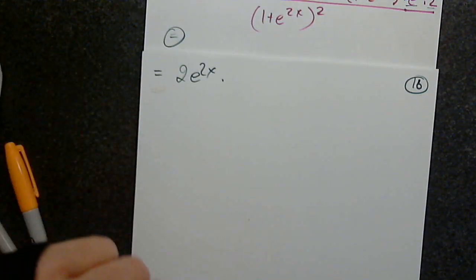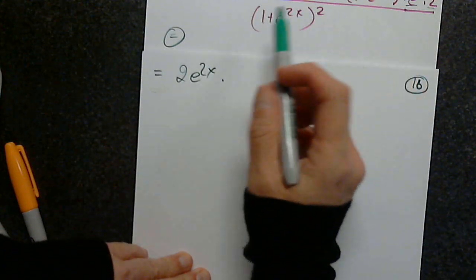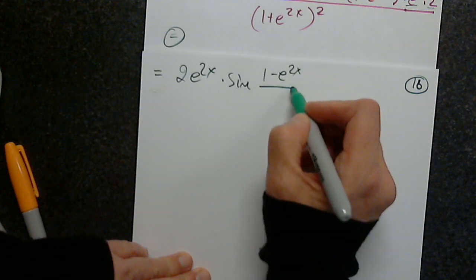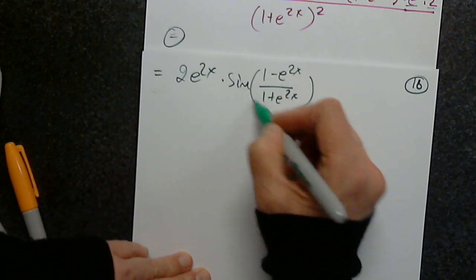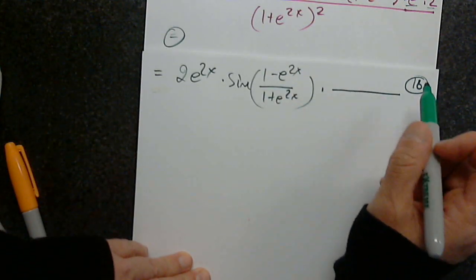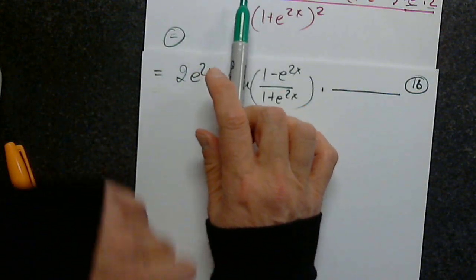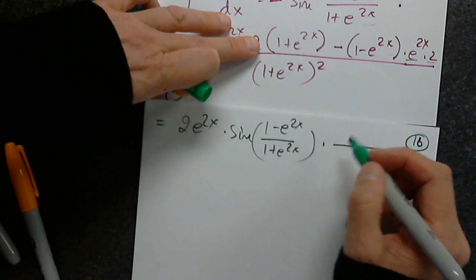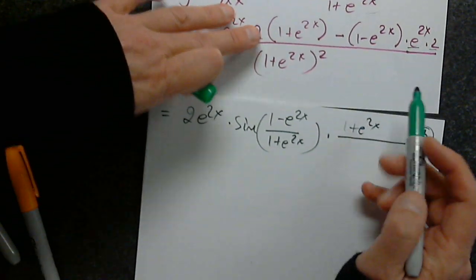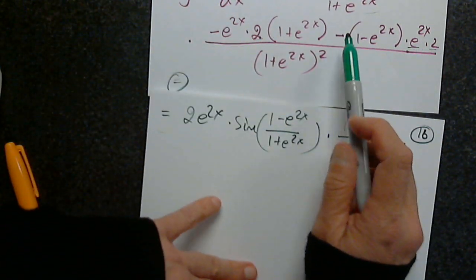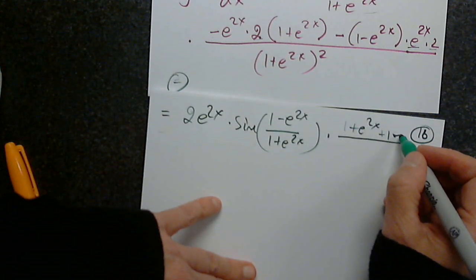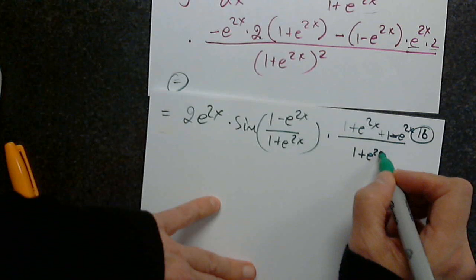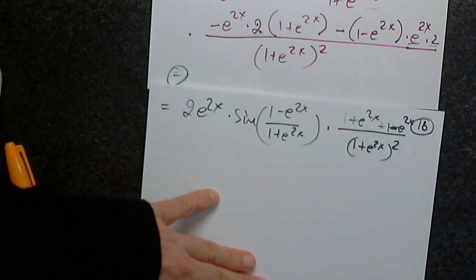Okay. So 2 e to 2x sine of 1 minus e to 2x over 1 plus e to 2x times, so this is out, these two are out, so I have 1 plus e to 2x. These are out, and the minus is out, so plus 1 minus e to 2x over 1 plus e to 2x squared.